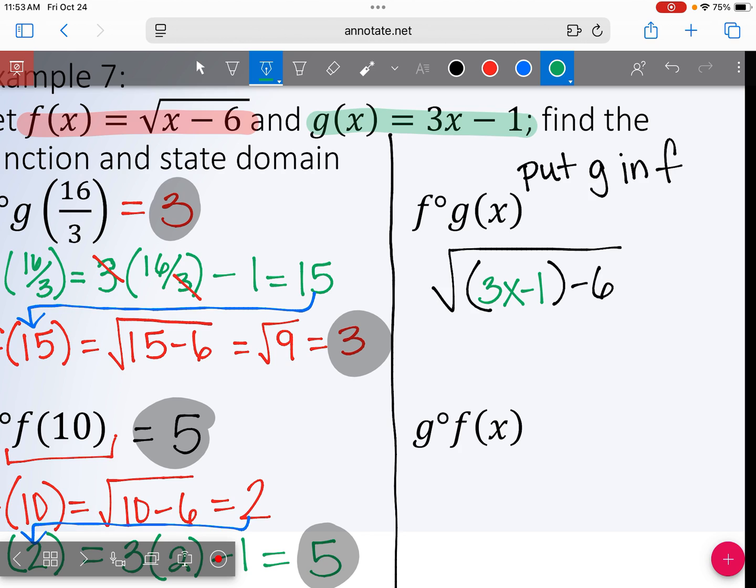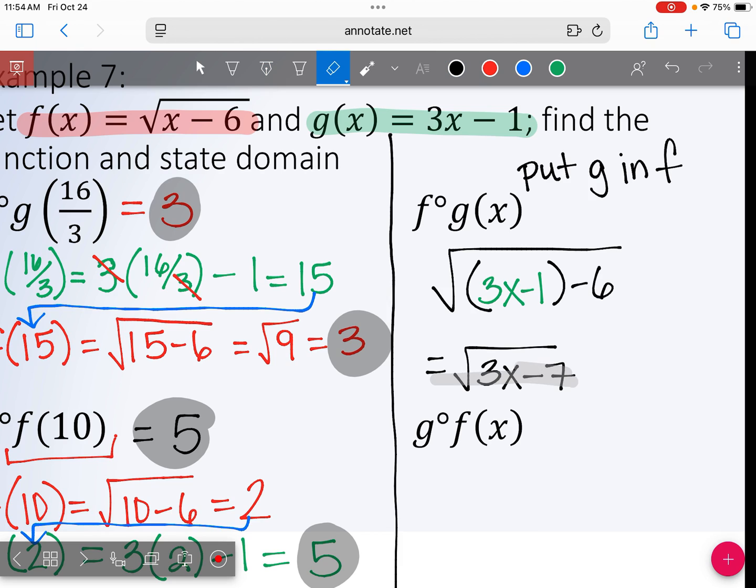Now, there isn't anything that I need to multiply by. So the only thing I'm doing is combining my like terms, -1 and -6. And you're going to get the square root of 3x minus 7. That is what my function is.